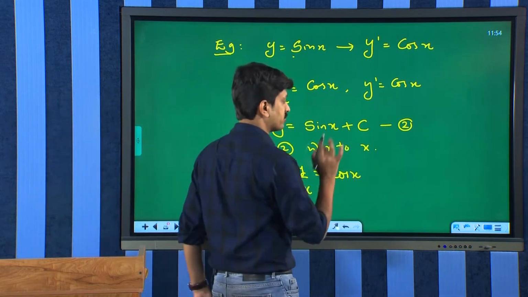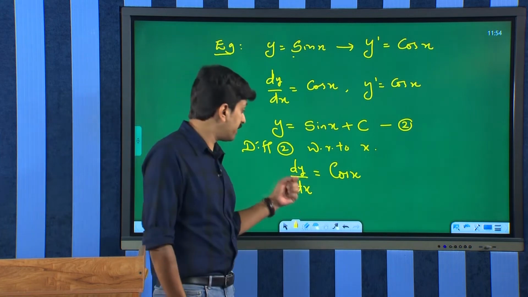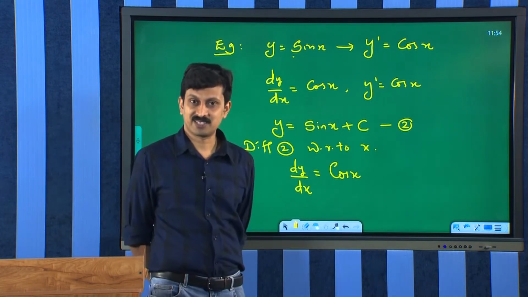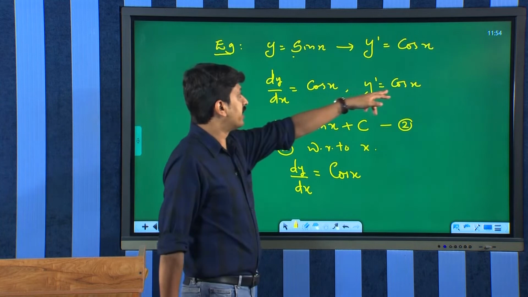So dy by dx is equal to cos x, that is, y dash is equal to cos x.